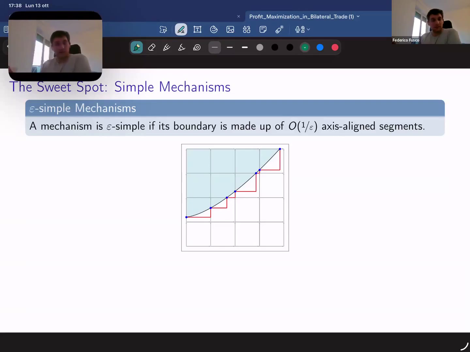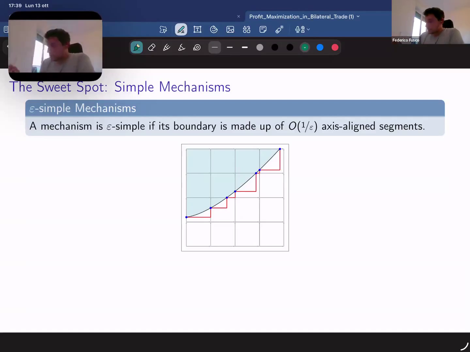As simple as this. You can have whatever shape you like, but the boundary has to respect this feature. It's just a concatenation of horizontal and vertical segments, and there is a complexity parameter epsilon, so that you have order of 1 over epsilon corners.